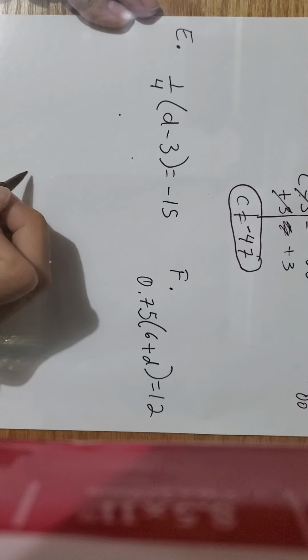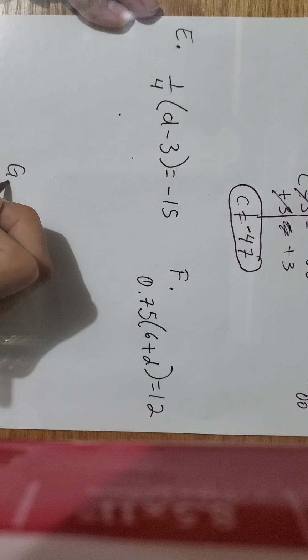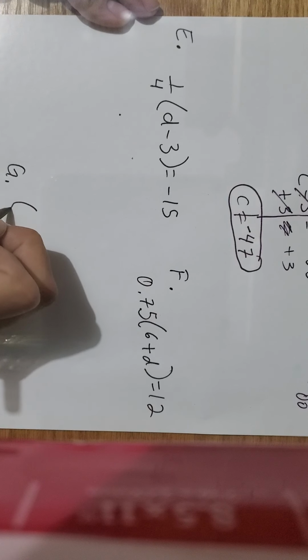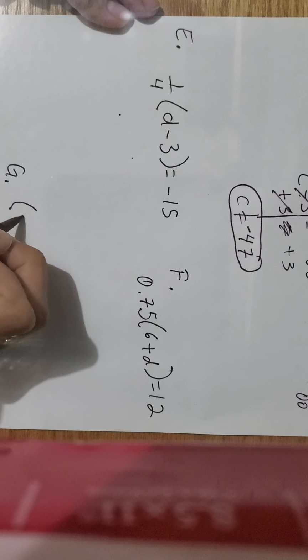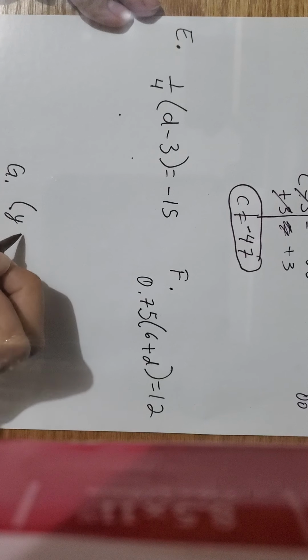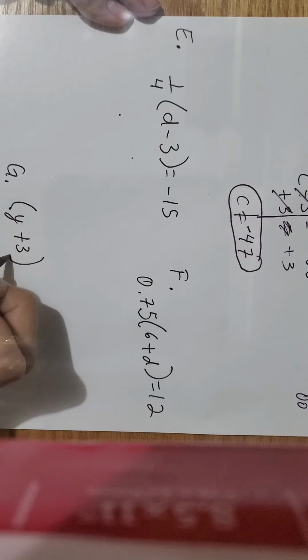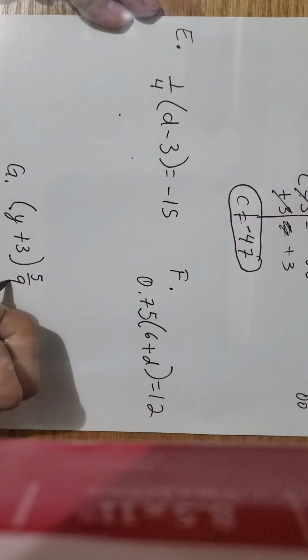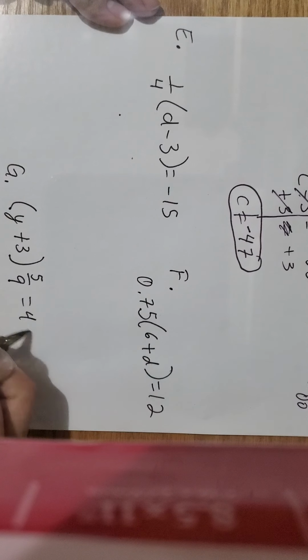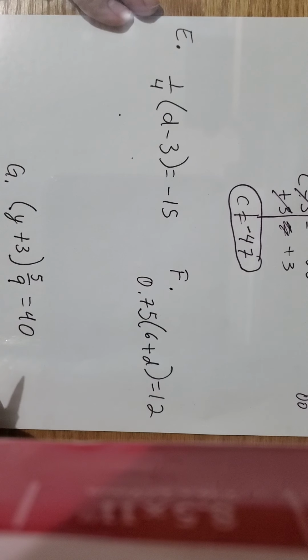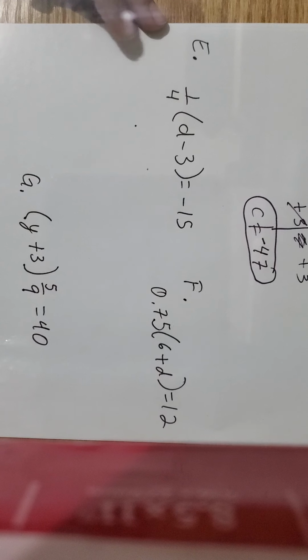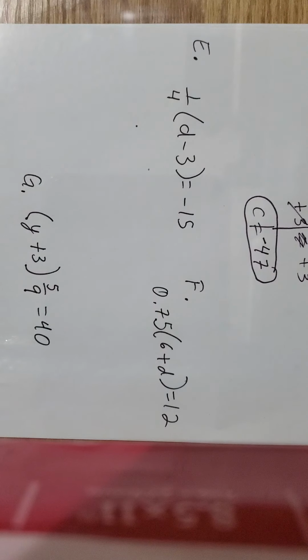And then letter G, they're throwing this one a little bit backwards. Parentheses y plus 3, times 5 over 9 equals 40. Okay? Awesome. So go ahead and pause the video, work on them at home, take your own time.